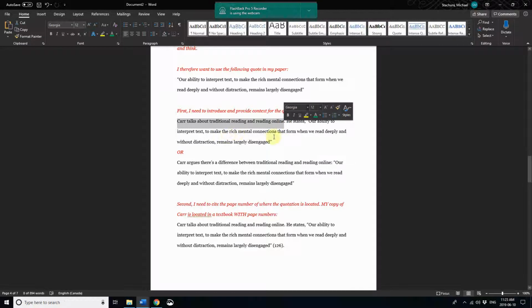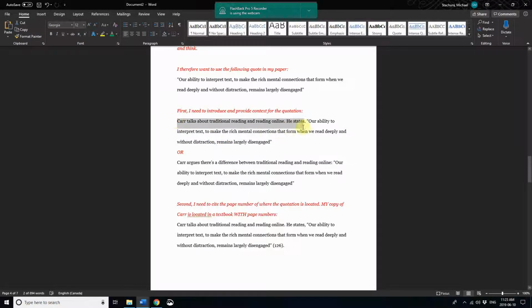Okay, Carr talks about traditional reading and reading online. Here I've just given one of those little reporting verbs just to tell the reader that this is a quotation from Carr. It's not something that I've just dreamt up, it's not from me, it's from Carr. So I can say something like he states, or he argues, or he postulates, some kind of verb.